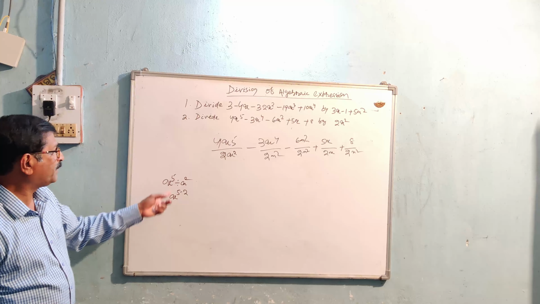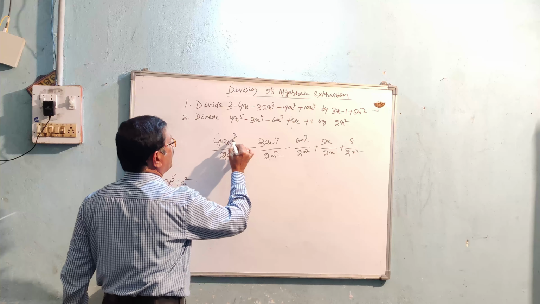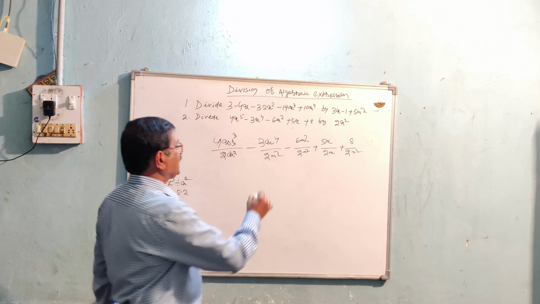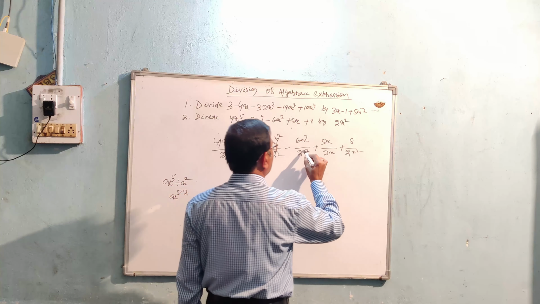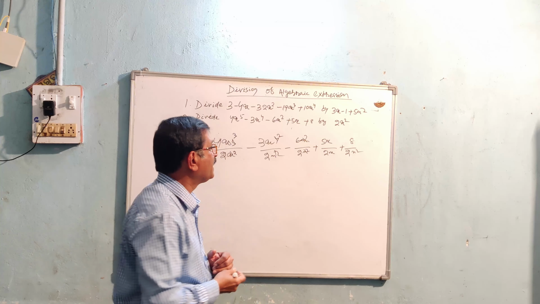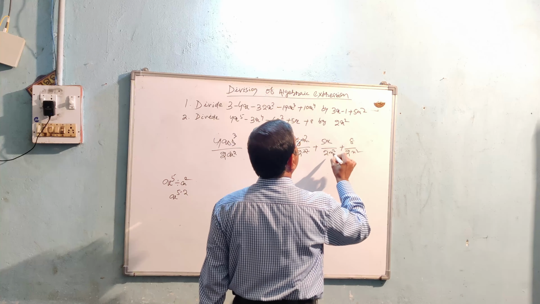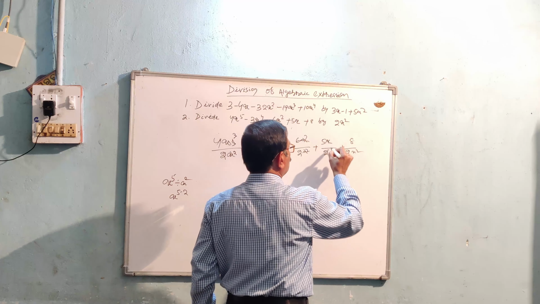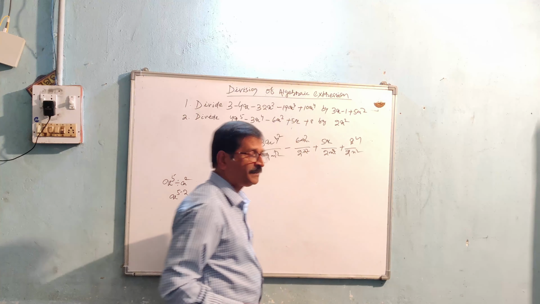So instead of doing all this, you cancel directly: that would be x to the power 3, here x to the power 2, and here it is cancelled.